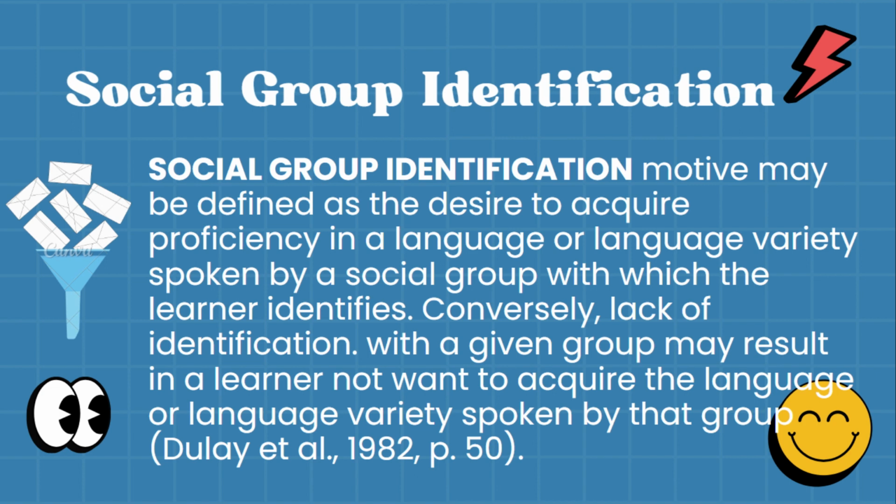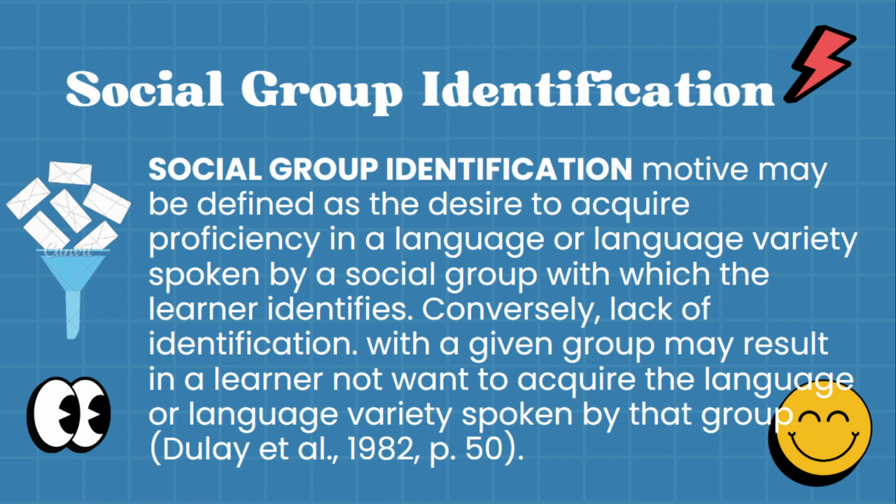Integrative motivation is about participating in the culture of the language speakers while staying connected to your own group. And the social group identification is about both cultural participation and becoming part of the group that speaks the new language.